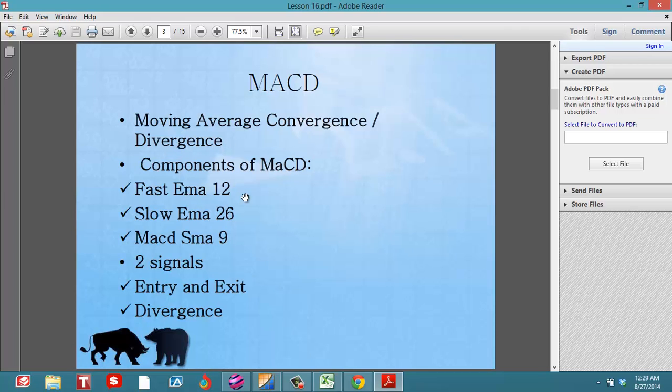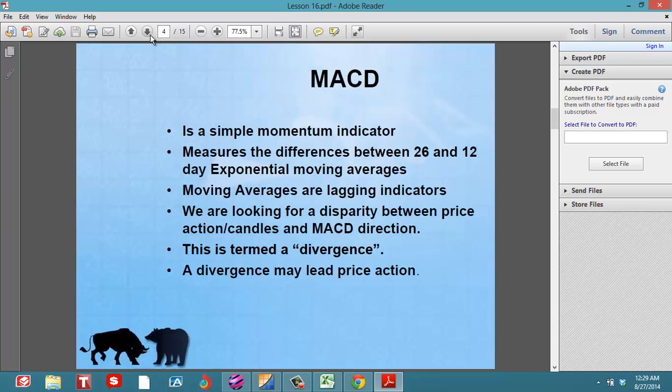This indicator has a 12, 26, and 9. The first two are exponential moving averages, and then there is a 9 moving average. This gives you entry and exit signals, but we're going to look at the divergence signal. The MACD is a simple moving indicator. It measures the difference between the 12 and 26-day exponential moving averages.